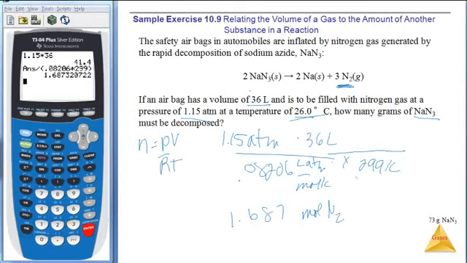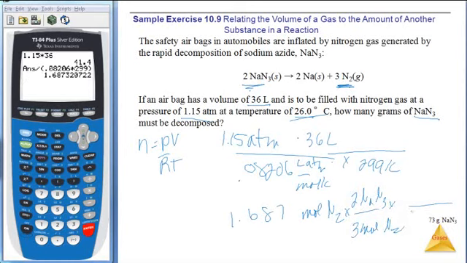Okay, and based on this I have to figure out how many grams of sodium azide I need. What I know from the stoichiometry is that 3 moles of nitrogen come from 2 moles of sodium azide.